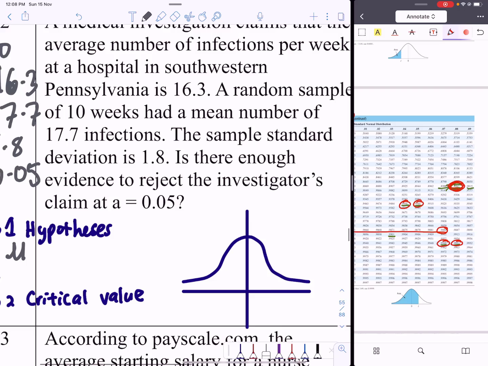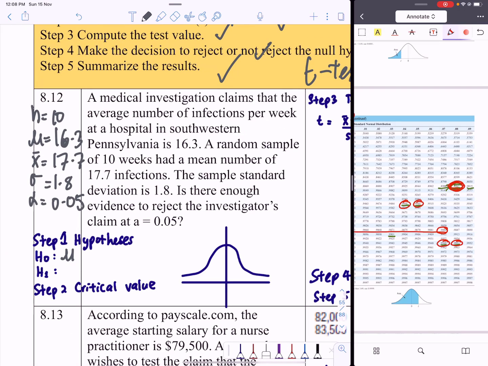The claim is the average number per week at southwestern Pennsylvania. Is there enough evidence to reject the claim? Where is the question text? It does not mention below or higher, lesser or higher, whether it is higher or lower, so we assume not equal.